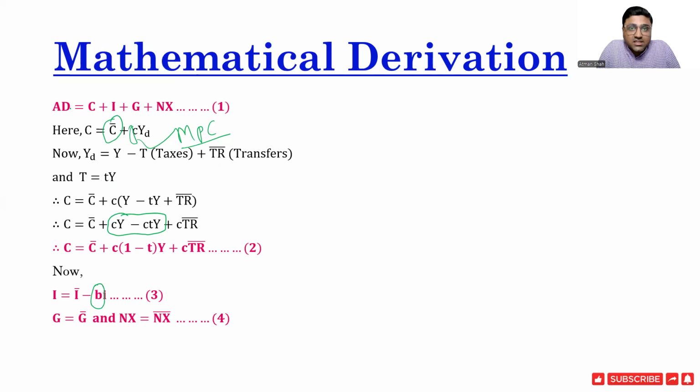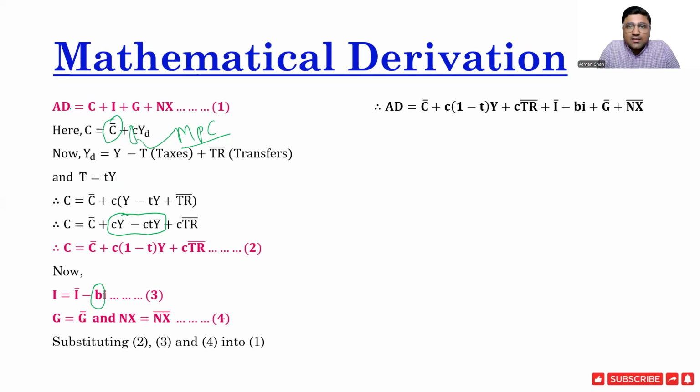Now, let's substitute the value of the consumption function, that is C, I, G and NX into aggregate demand, that is equation number 1. So therefore, aggregate demand is equal to C bar plus c(1 minus t)Y plus cTR bar plus I bar plus G bar plus NX bar. Now let's take all autonomous spendings together.